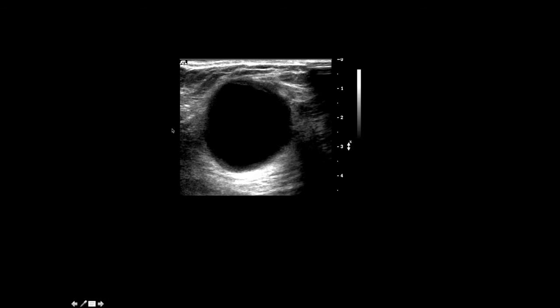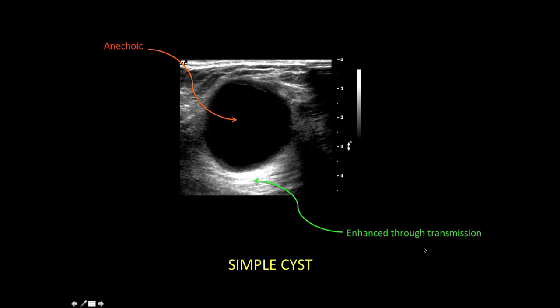Examples. Here is a rounded anechoic structure with no internal echoes, and if you see, this is the skin surface, this is the lesion, and this is what happens posterior to the lesion. The sound echoes are increased. That's what's called enhanced through transmission. And you're looking here at the perfect example of a simple cyst.